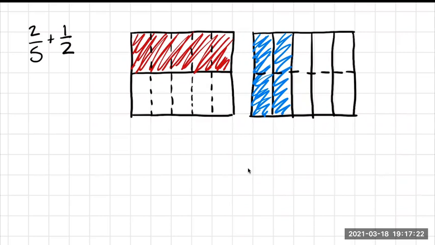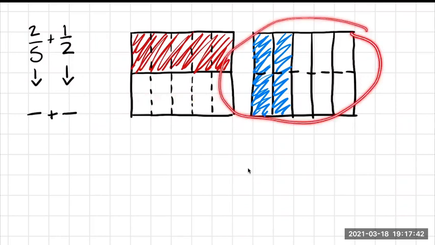So in each of our fractions, what is our new denominator? Our new denominator in both is 1, 2, 3, 4, 5, 6, 7, 8, 9, 10. And we have the same amount in this fraction.